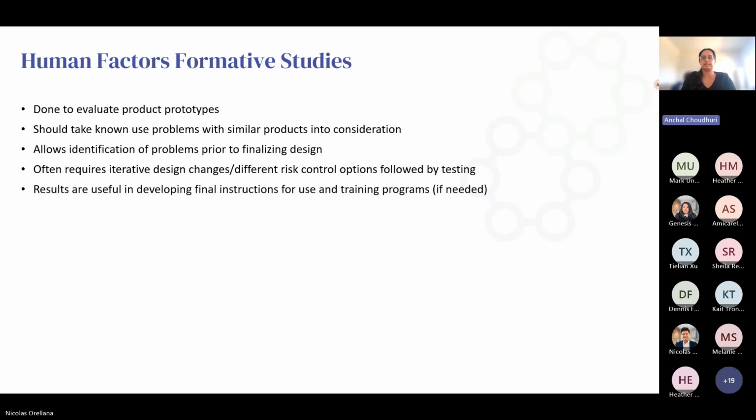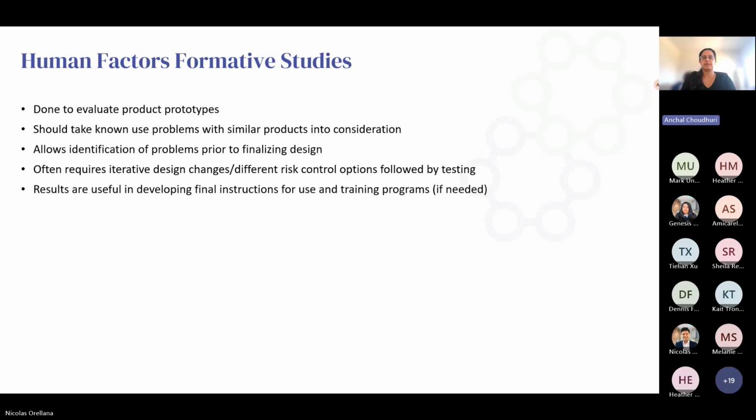Formative studies are typically done to evaluate product prototypes and ensure that the risk mitigation measures that you've put in place are appropriate. When considering the risks and risk mitigation measures, you should also look into use problems with similar products to yours to see how you can mitigate any known use problems.